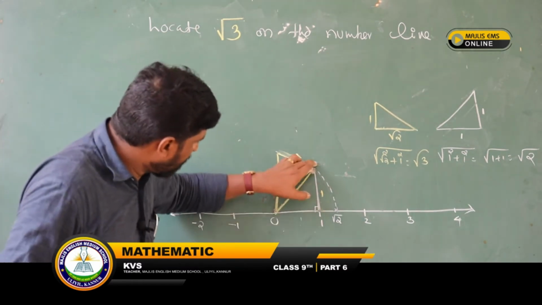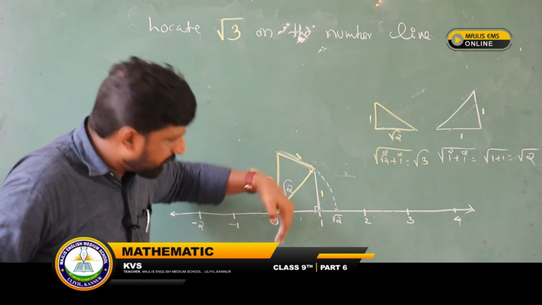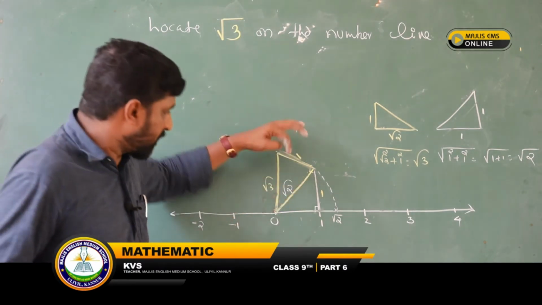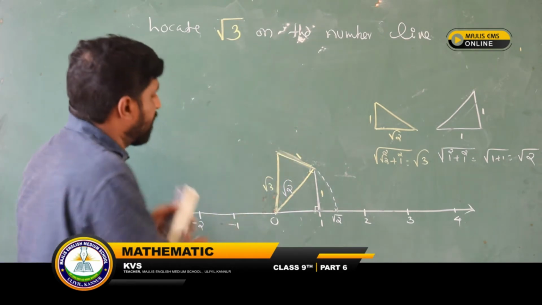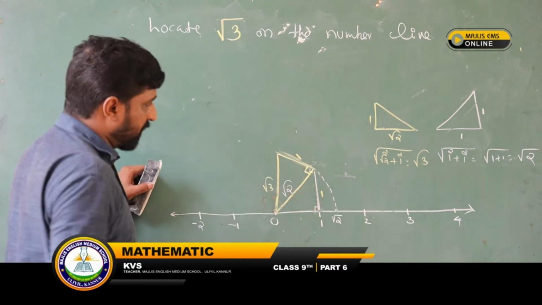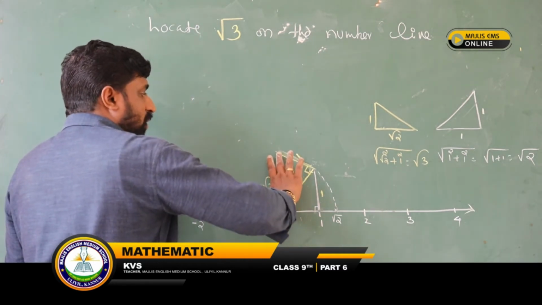First we draw root 2 on the number line. With this root 2 as the base, you can construct one more right triangle like this, with the same 1 unit, and we got a triangle like this. Another right triangle we got here. After that, this is root 3.